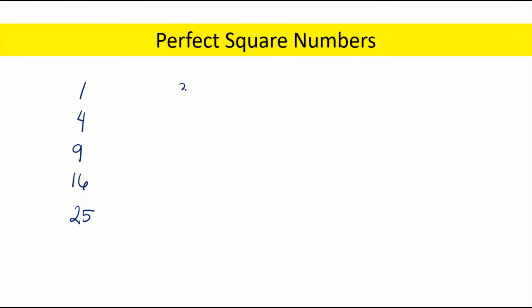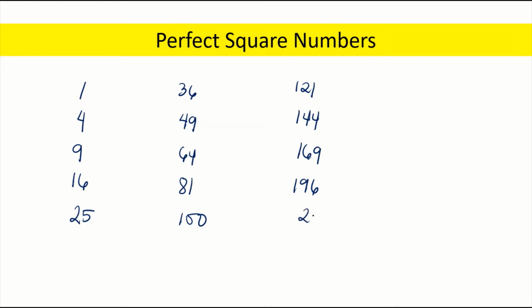We have also 36, 49, 64, 81, 100, wherein 100 is a perfect square number of 10. And then we have 121, 144, 169, 196, and 225. In simplifying radicals later, you need to be familiar with these to make our solving easier.